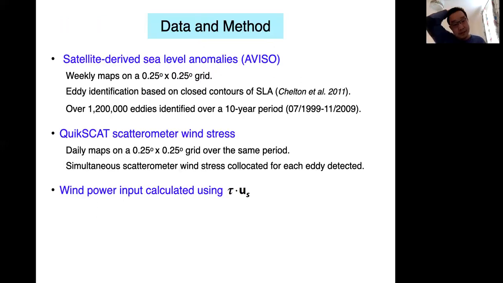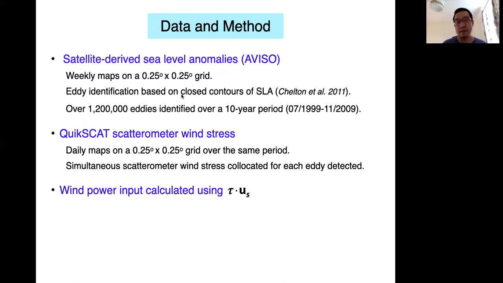Now we're going to use data products to estimate wind work on mesoscale ocean eddies. The data we use are the satellite-derived sea level anomalies. Chu identified the eddies from these weekly sea level anomaly maps using an algorithm developed by Chelton et al., which is based on closed sea level anomaly contours.